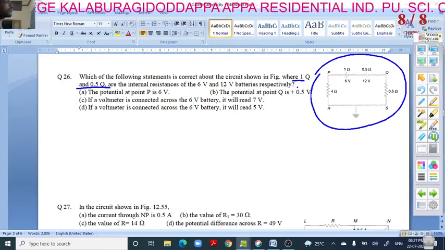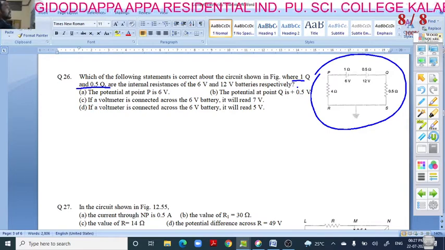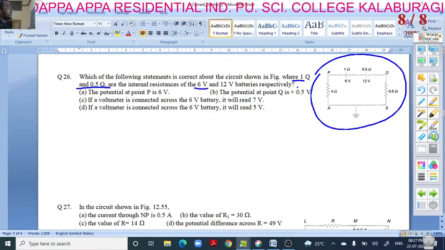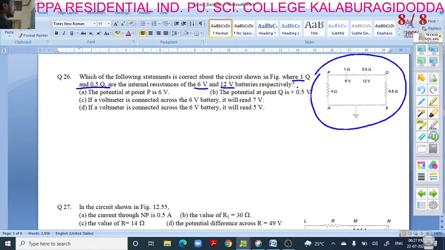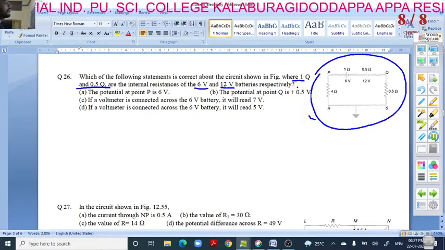Which of the following statements is correct for this given figure?